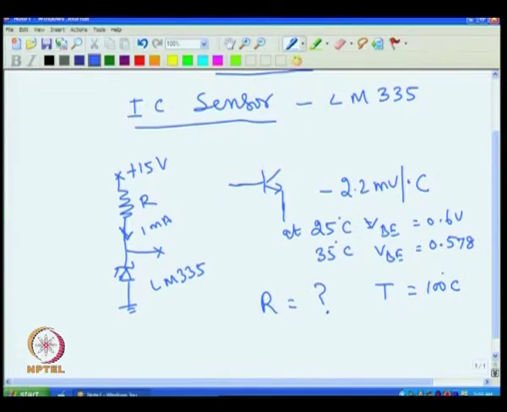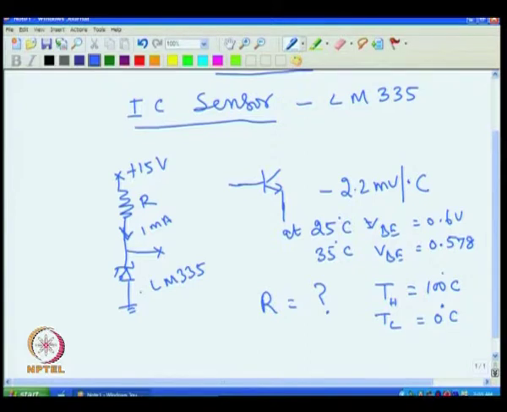Assume that our temperature range is T high is 100 and the lowest value is 0 degree C. That means I should look at this point, what is the voltage I will get at 0 degree C, and what is the voltage I will get at 100 degree C.